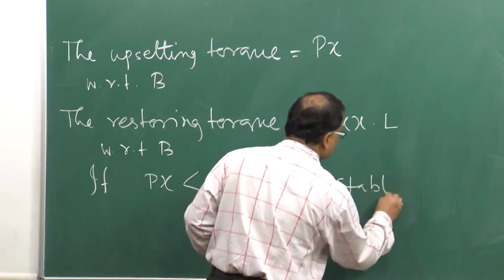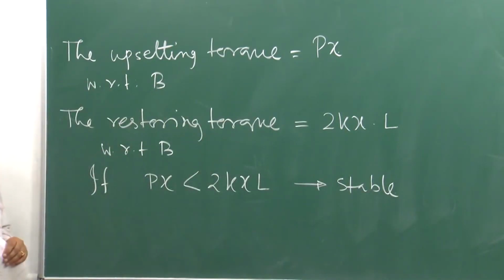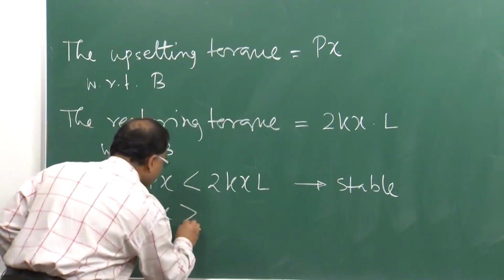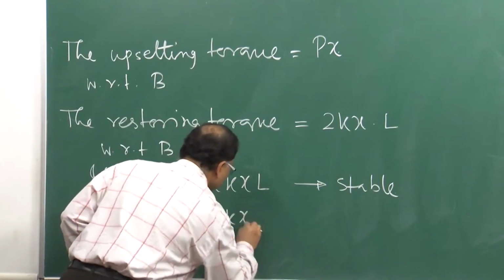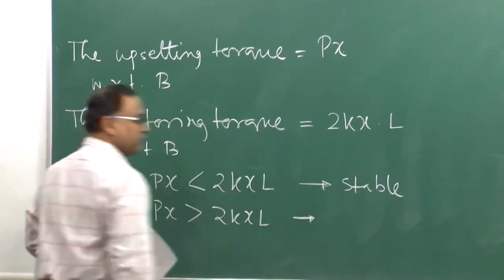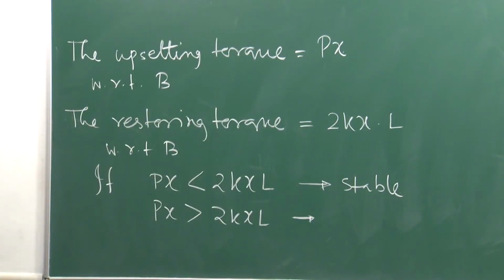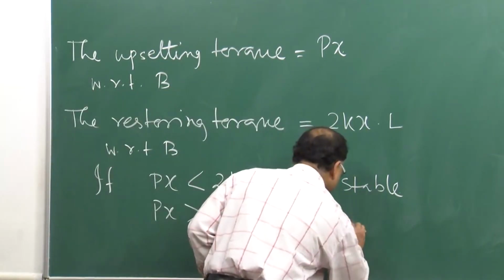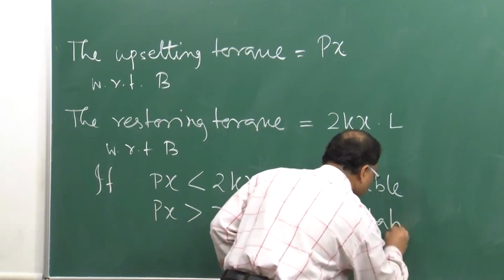Now, if Px is greater than twice Kxl, then what will happen? The system will go to further deterioration, a completely unstable situation.